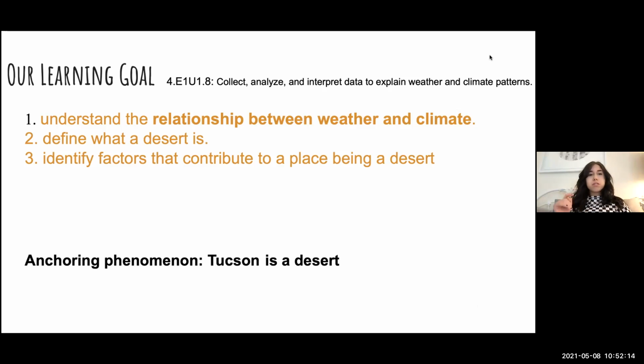We also wanted to define what a desert is and identify factors that contribute to a place being a desert. And overall, our anchoring phenomenon is Tucson is a desert. Okay, which may sound obvious to a lot of us that are older, but to kids, this is still something that they're figuring out.